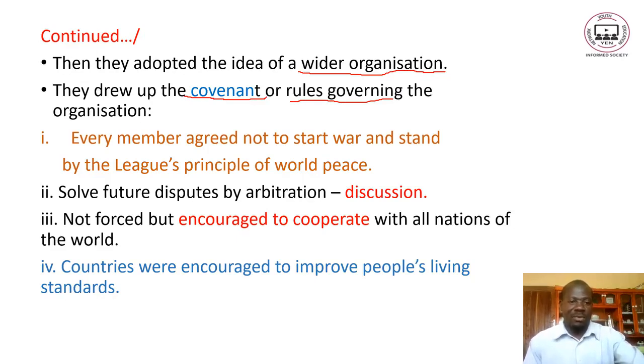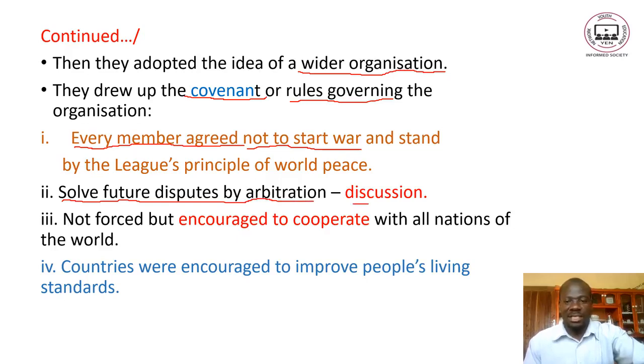Some of the rules were that every member agreed not to start war and to stand by the principles of world peace according to the League. They also agreed to solve future disputes by arbitration.